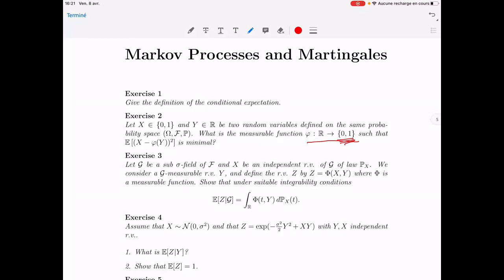So, okay, we are in this exercise 2. We have to determine this best measurable function phi such that the expectation of the distance between X and phi of Y, in L2 norm, is minimum. The difference with the usual conditional expectation is that it would be the same if I didn't ask phi to be with values in {0, 1}, but with values in R. Now I have some constraint: it can only take 2 values, 0 or 1.